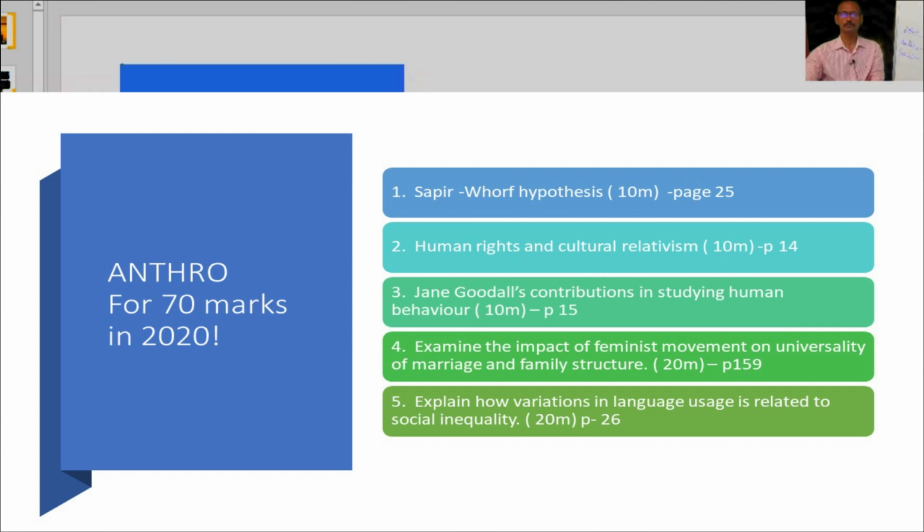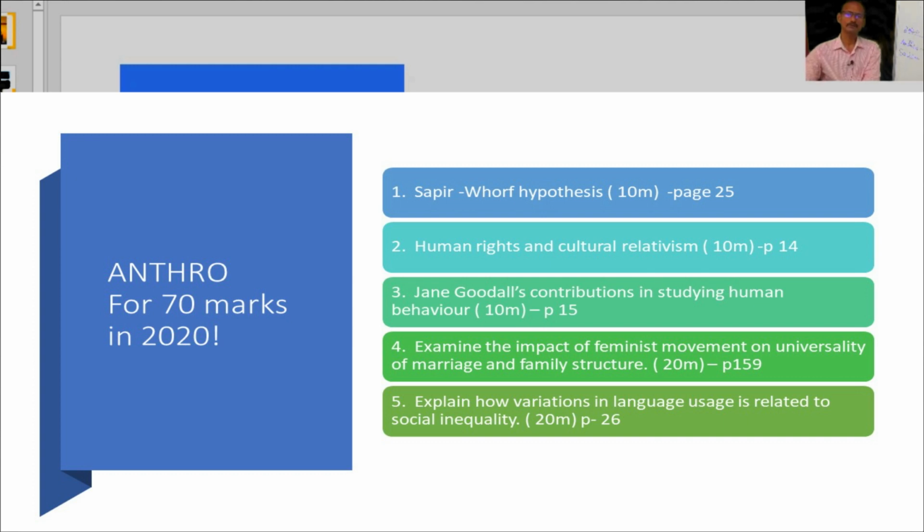In Anthropology, for 70 marks: Sapir-Whorf hypothesis, human rights and cultural relativism, Jane Goodall's contribution in studying human behavior, examine the impact of feminist movements, explain how variations in language usage is related to social inequality. So in 2020, 70 marks can be answered from this 200 plus page book.